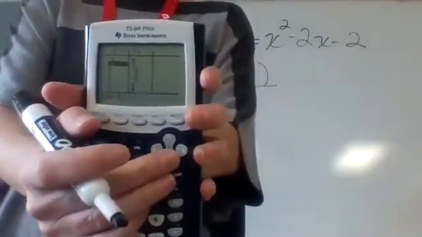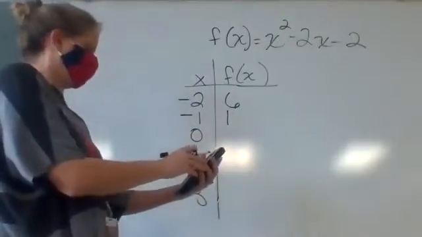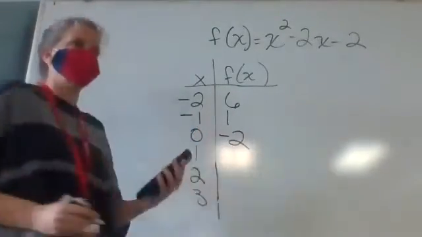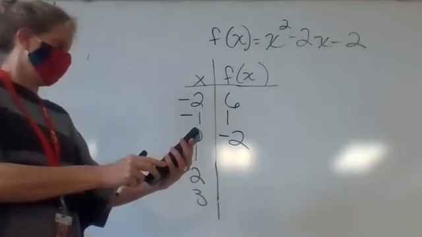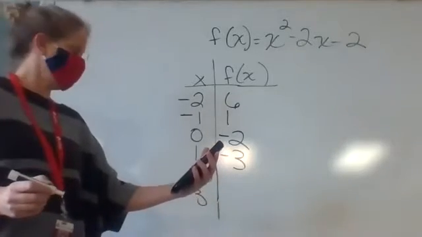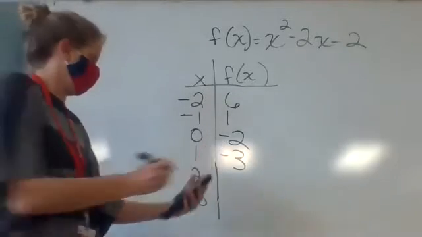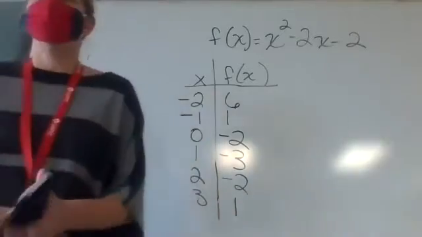What goes with -1? 1 does. What goes with 0? -2. What goes with the 1? -3. The 2, -2. And the 3 is 1.